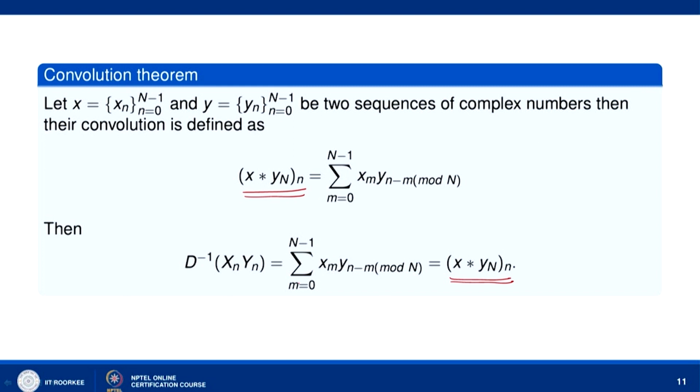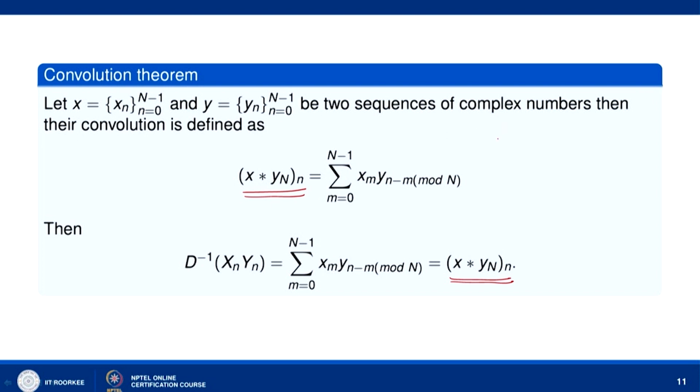Okay. So, which is nothing but, when you take the inverse discrete transform, it is X_n into Y_n. X_n is the discrete Fourier transform of x, and Y_n is the discrete Fourier transform of the sequence y.